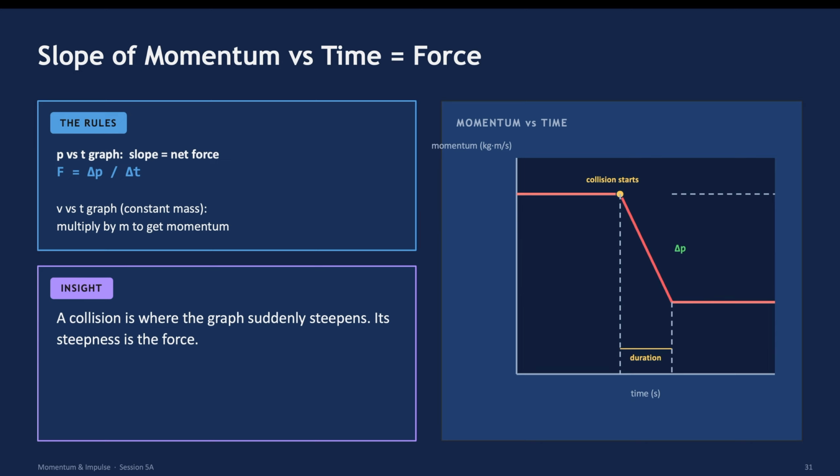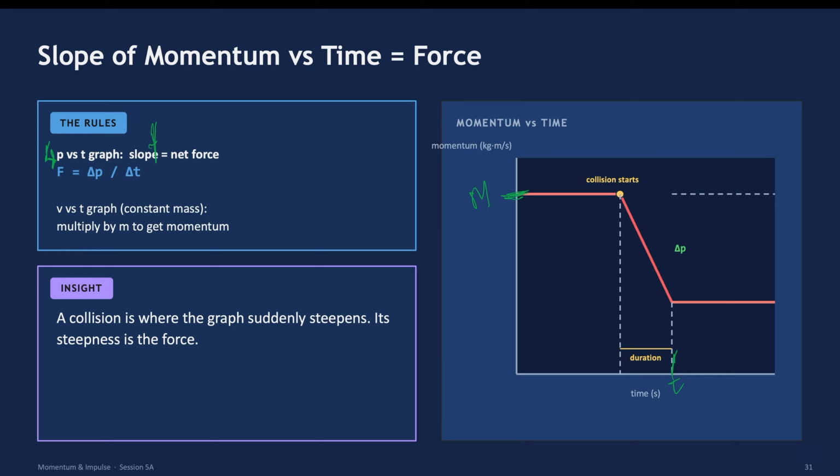So a P versus T graph, instead of newtons here, it's a momentum, okay? So momentum as a function of time. How much does it change as a function of time? So what is the slope of this kind of graph going to be?